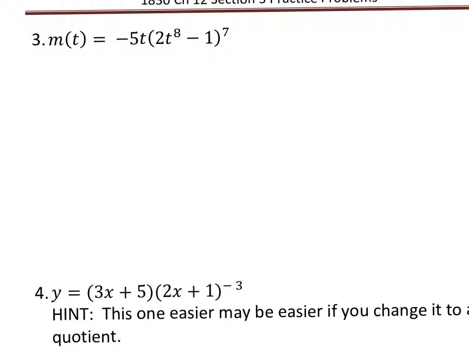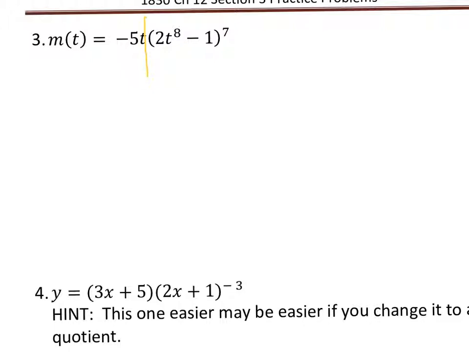So our third problem is, again, similar, but not quite completely the same. Because in the third one, we realize that the thing that's in front of the parentheses isn't just a coefficient.